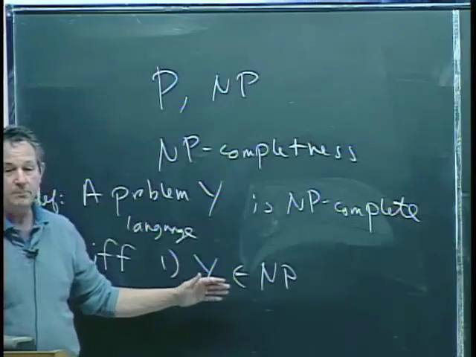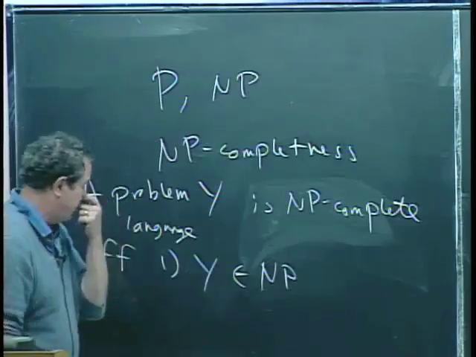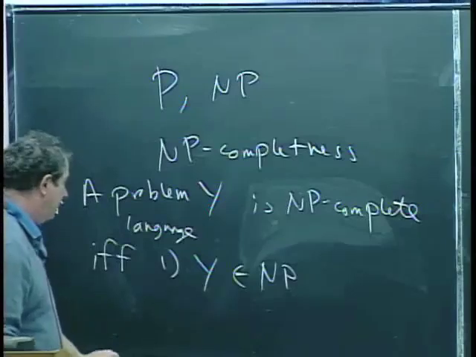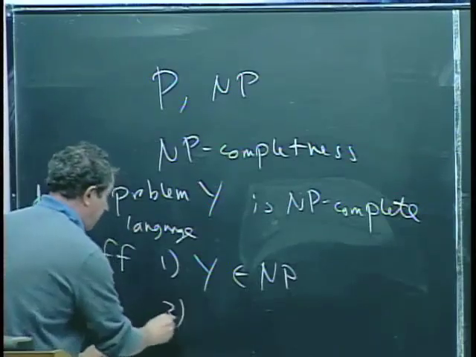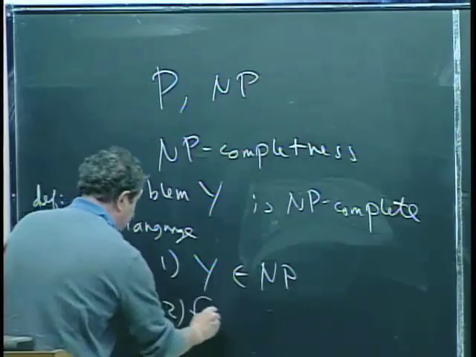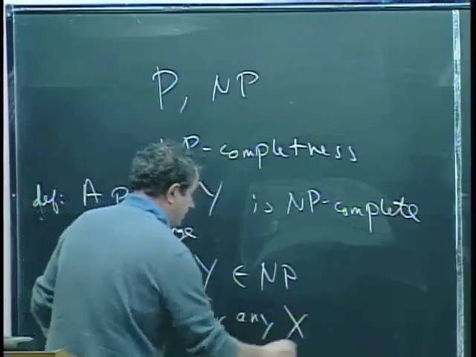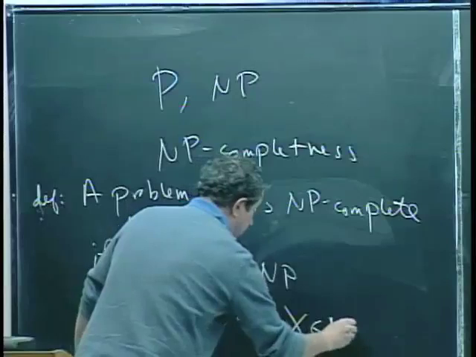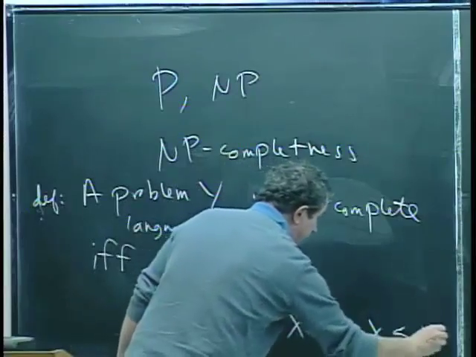But, as I said last time, that's not a formally correct definition, and that's why we did the whole certifier and certificate definition. But the most important part of this definition is that for any other language X that's contained in NP, X reduces in polynomial time to Y.